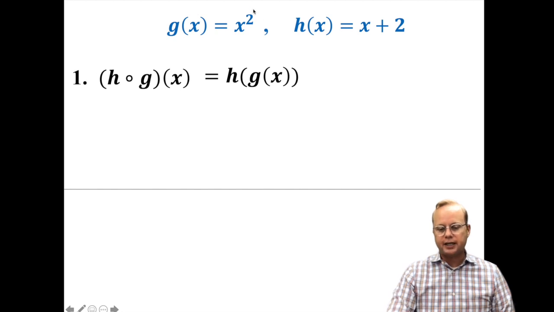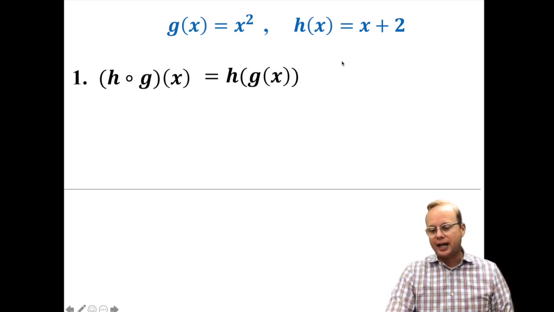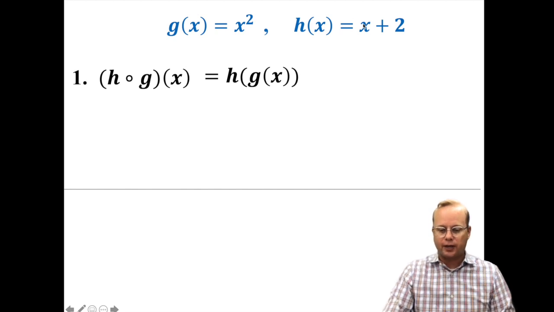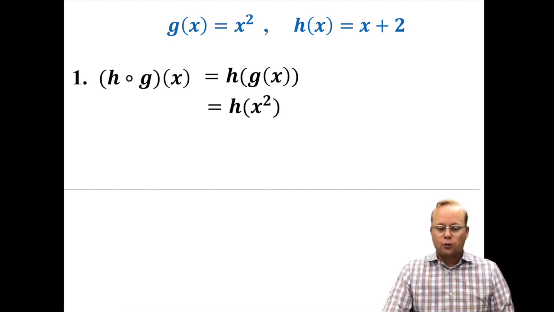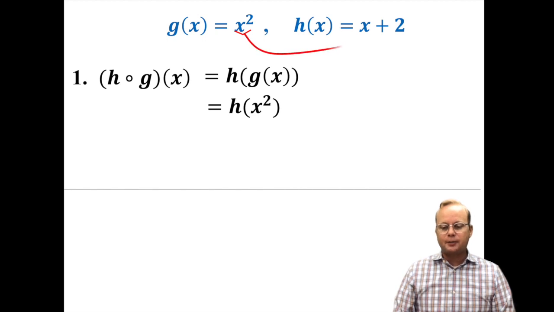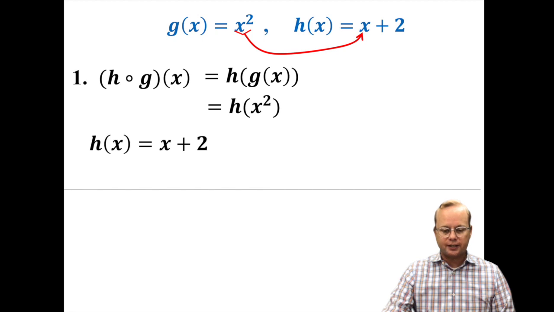Okay, so g comes second, so we're going to take this entire quantity, this x squared, and we're going to plug this entire thing in just for the x, okay? All right, so here we go. We're going to take that entire thing, and I'm going to plug it in just for the x value. All right, let's work through this just a little bit here.